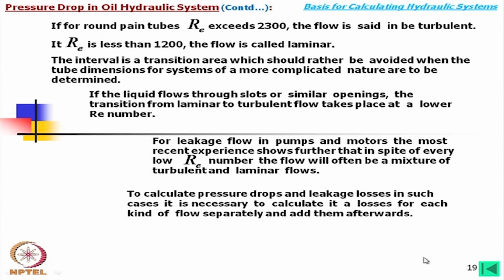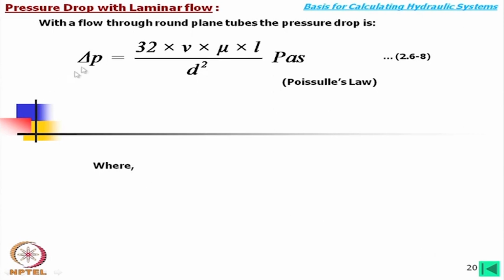We have to superimpose. Now, with flow through round plain tubes, the pressure drop is given by this equation. This is derived and sometimes semi-empirical, but you need not remember all such formulas; this formula should be given to you when you are calculating fluid power systems.